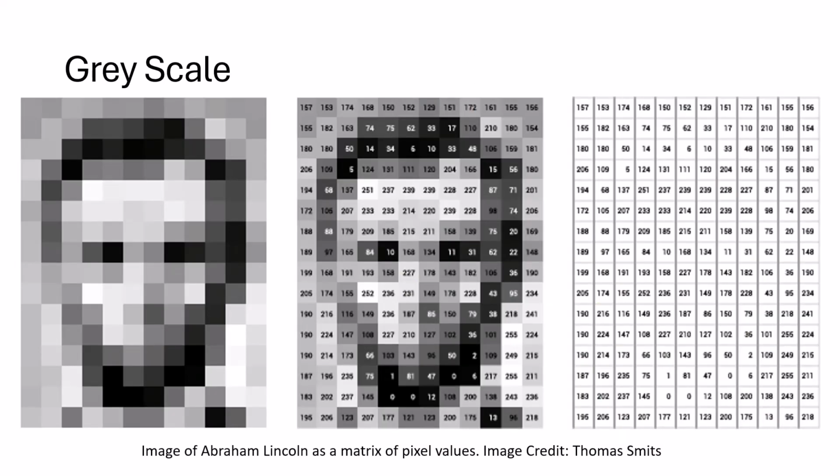Now, all the images we take, I want to emphasize that they're all tables of numbers. So this is a grayscale Abraham Lincoln. How we make the image is that we have all the pixels. This is a very small pixel space. When there is no brightness, when there's low light, the color is black. The value is close to 0.